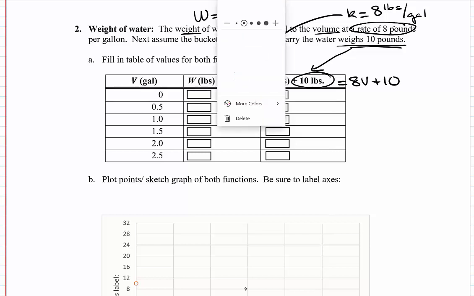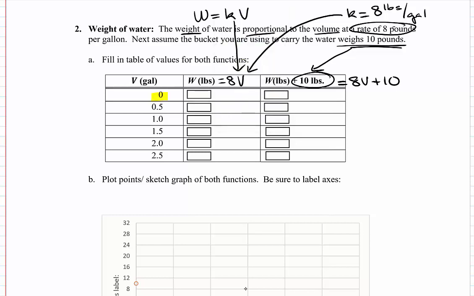So now they've given us a bunch of volumes in gallons, and we have to calculate the weights without the bucket, and after that, we'll calculate the weights plus the bucket.